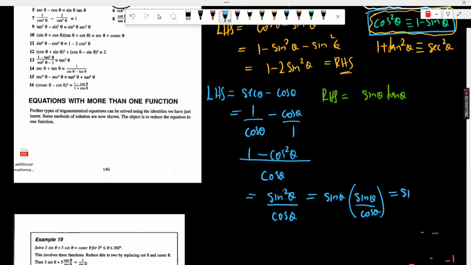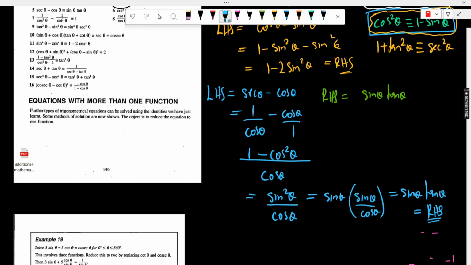And so this gives us sine theta tan theta, which of course is equal to the right-hand side. So my initial little mistake caused me to do a lot of what I did not need to do. Did anybody get it out? Yes, sir. All right, good.